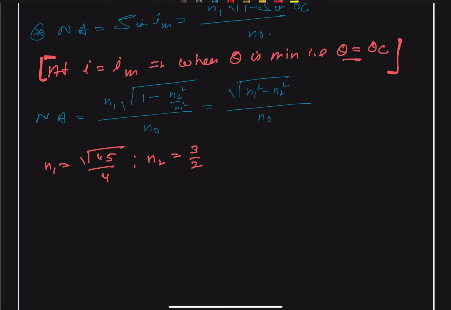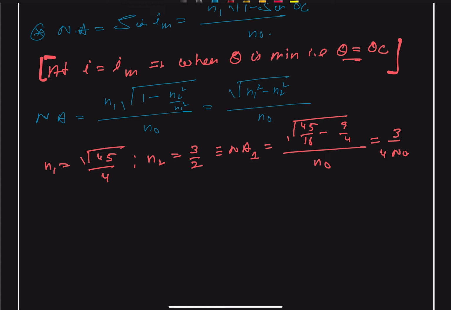Based on this, we can find out numerical aperture 1, and that will be equal to the square root of 45 upon 16 minus 9 upon 4, divided by n0. So it comes as 3 upon 4 times n0. So this is numerical aperture 1.